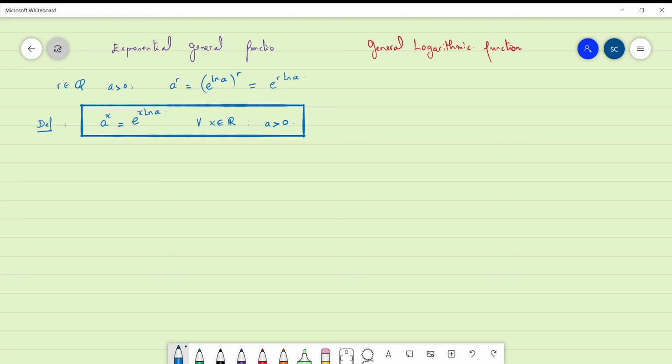And from this we can of course deduce many properties just using the properties of the exponential, but it's not important. Let's just have an idea how it works.